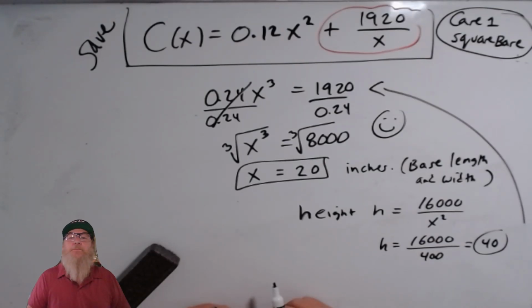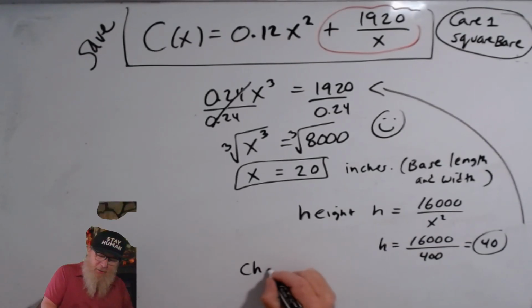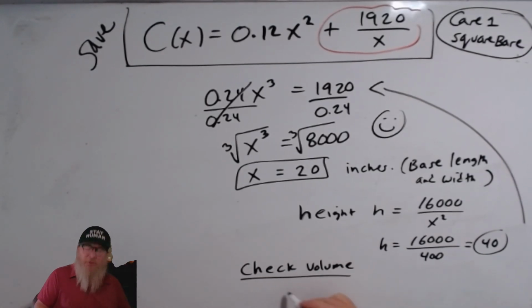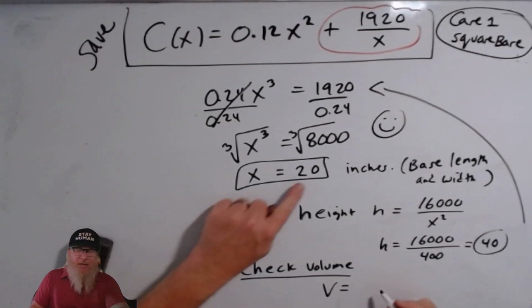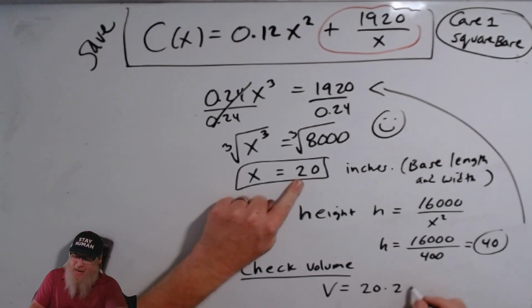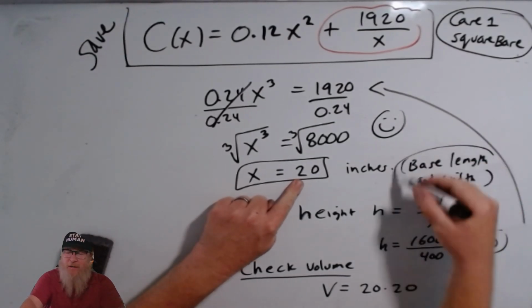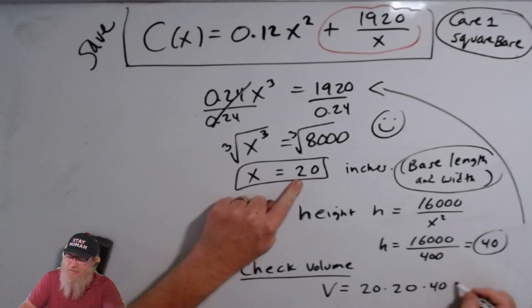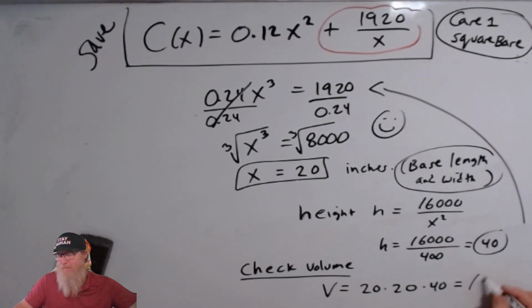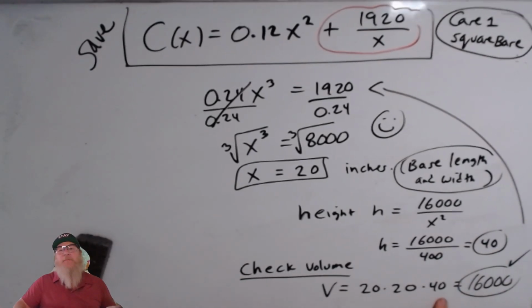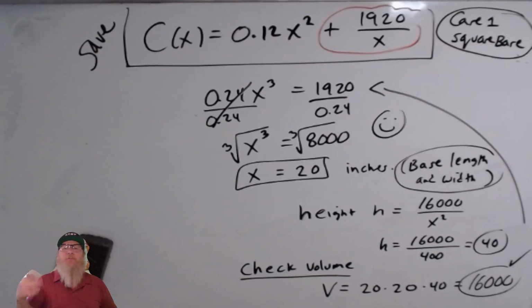You can check the volume to make sure your box holds what it's supposed to hold. X times X, so that's the length and the width. They're the same, right? And then the height. I don't even know why I'm bothering wasting your time. Of course it's right. 20 times 20 times 40 is 16,000, which is originally what it was supposed to hold.